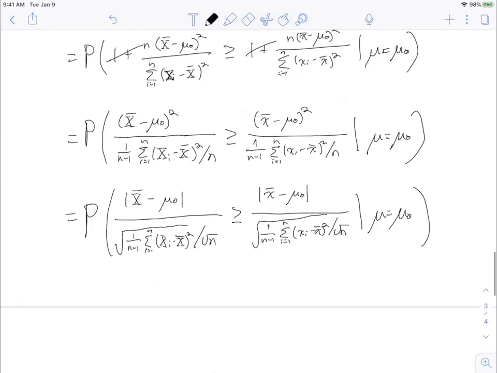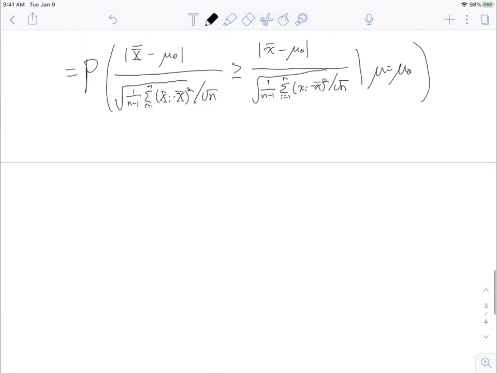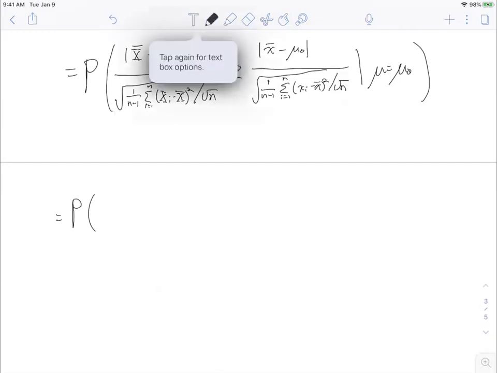All right, which is now pretty much looking like a t-statistic. So this is equal to the probability that t, I'll write it more carefully in a second.